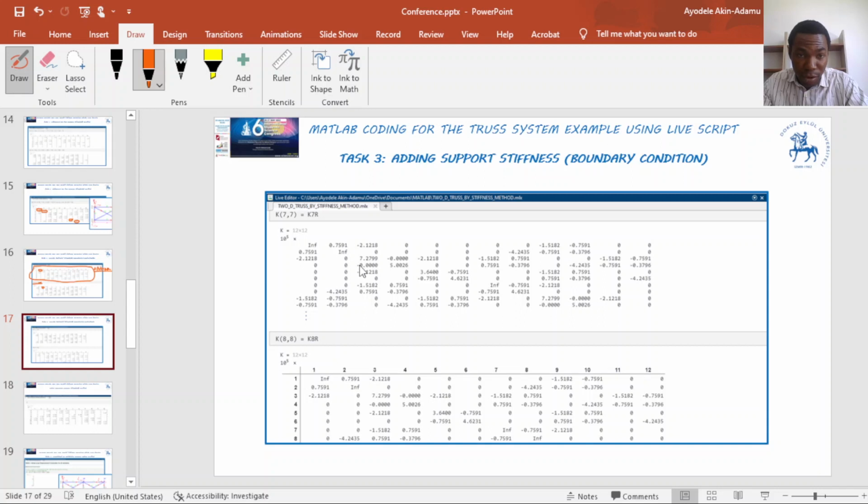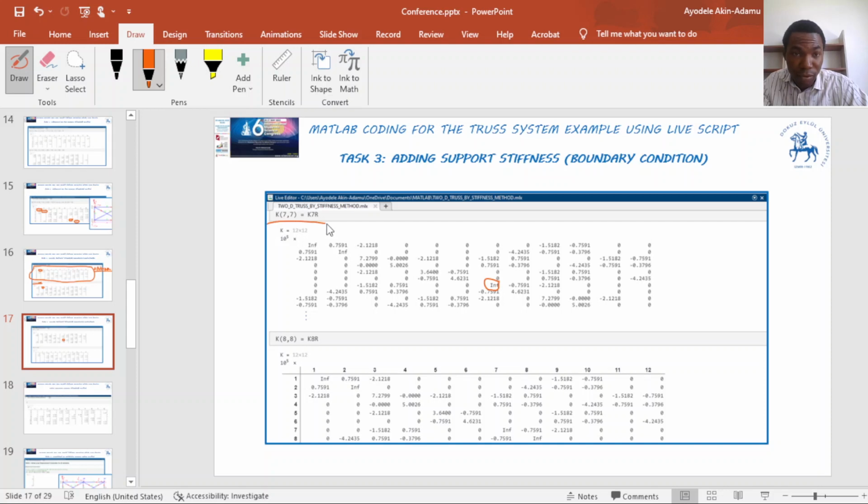The same thing at 7,7 of the global stiffness matrix. Where is the infinity value? 7,7. 1, 2, 3, 4, 5, 6, 7. This is it here, infinity.